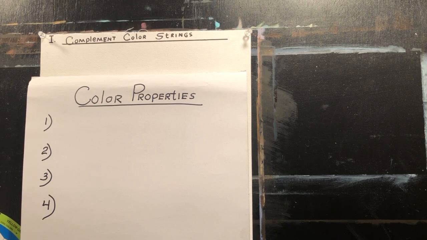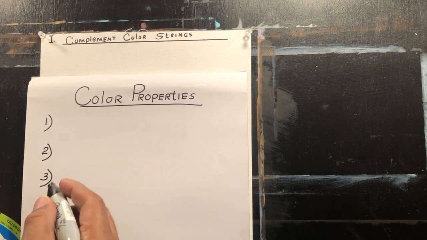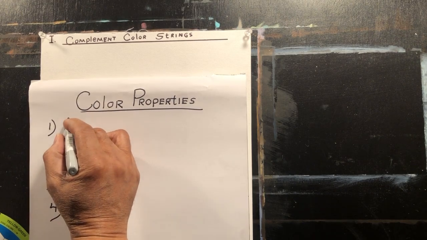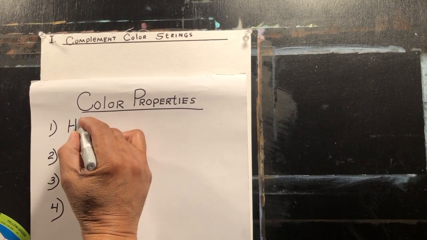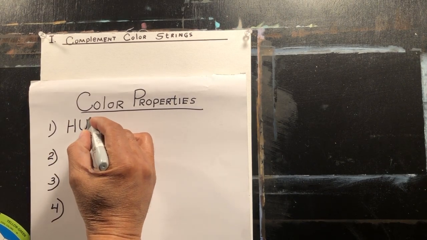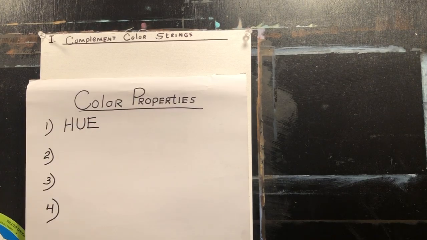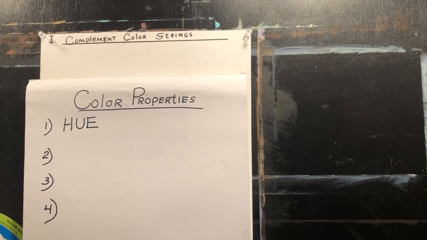It's very colorful. But first, I want to go into some of the four main properties of color. One of the first properties is called hue. Now, the hue of a color is simply the name of the color: yellow, red, blue, green, purple, whatever.